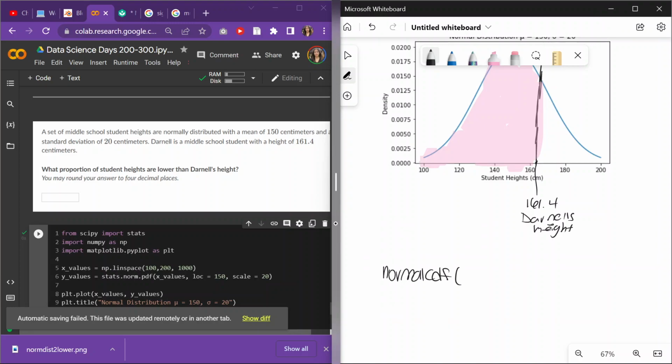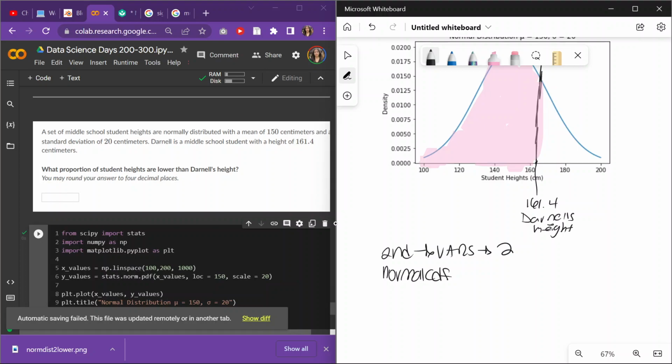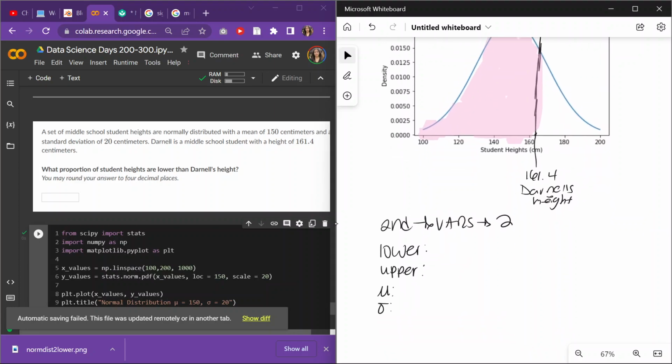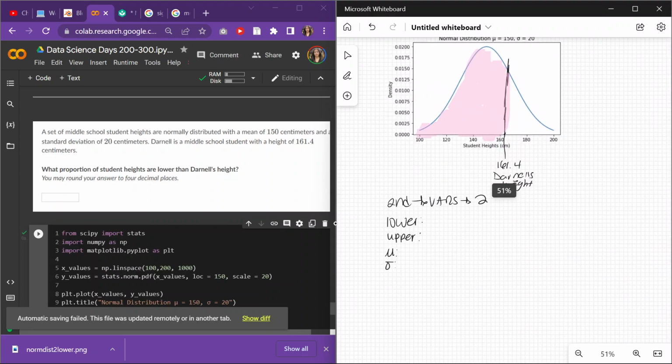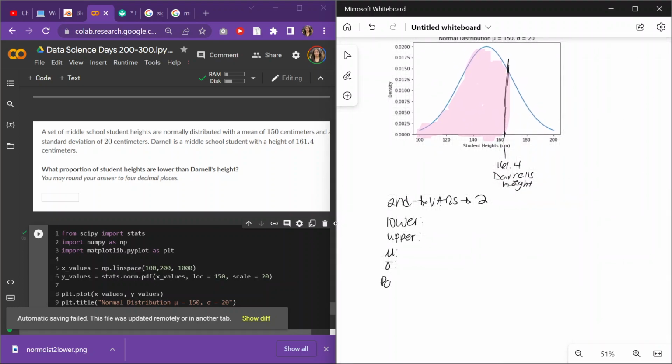But real quick, just in case, you get normalcdf by going to 2nd, vars, and then 2, and then it's going to give you a few options: lower, upper, mu, which stands for your mean, sigma, which stands for your standard deviation, and then there's going to be a paste option that when you hover over it, it's going to turn black, and then you just click enter. Once you put your values in, it's going to give you your proportion.